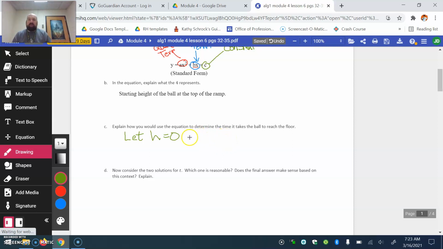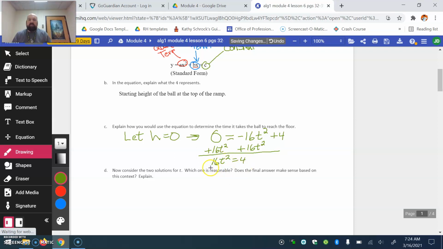So now we're going to actually go ahead and solve it. So 0 equals negative 16t squared plus 4. I'm going to add the 16t squared to both sides, so I get rid of that negative. And I end up with 16t squared equals 4.